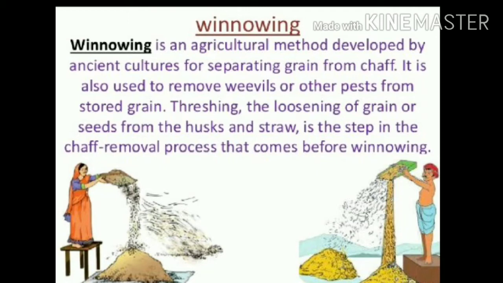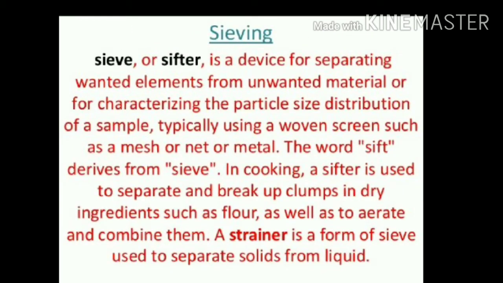A sieve or sifter is a device for separating wanted elements from the unwanted material, or for characterizing the particle size distribution of a sample, typically using a woven screen such as a mesh, net, or metal.